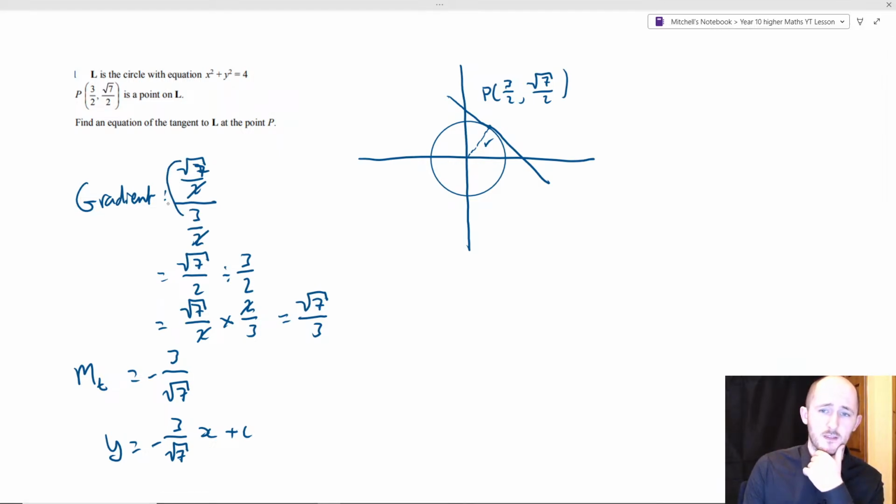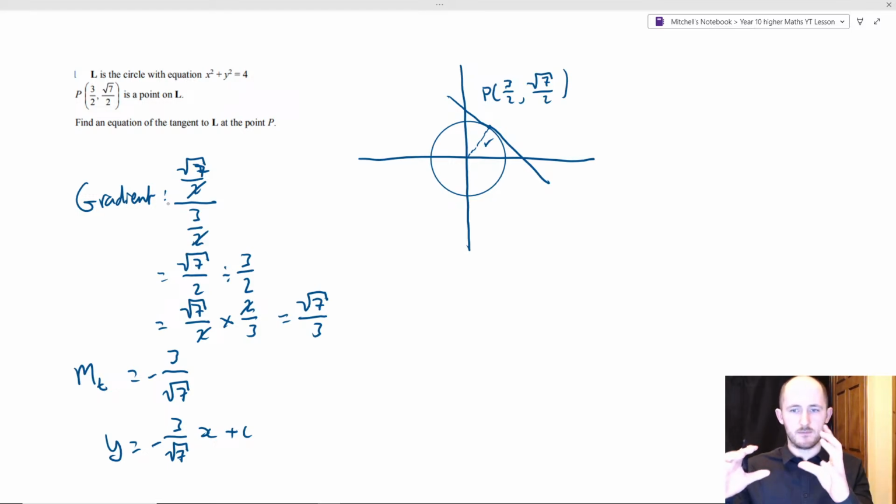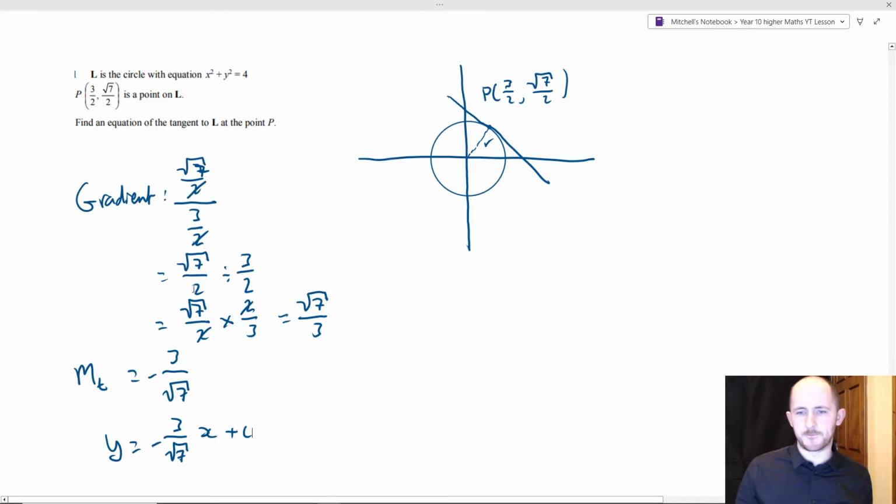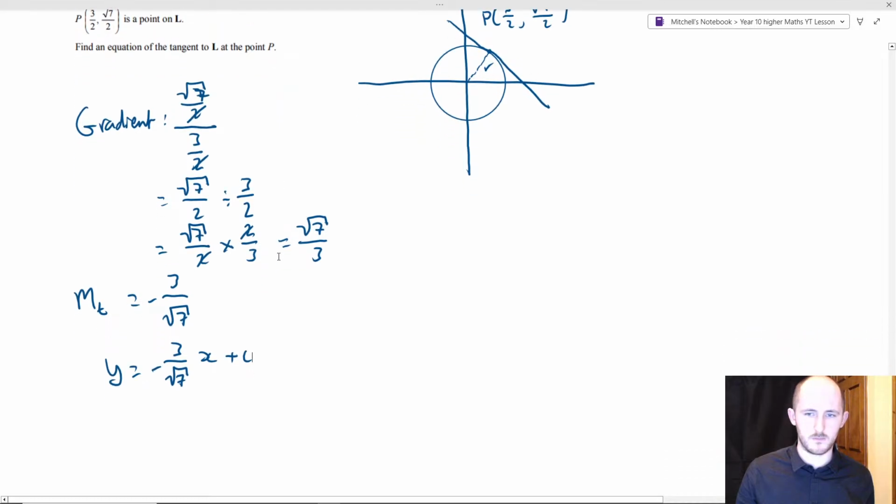That would only be the 3 that goes up, right? And it wouldn't go all the way up, obviously. If you were to write it out, you would get root 7 over 2 divided by 3 over 2.